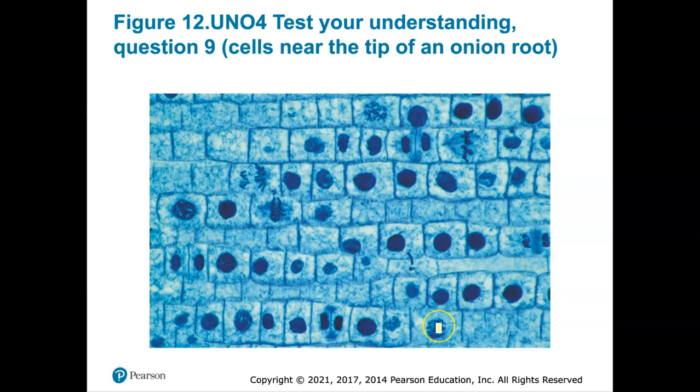That's another prophase. Here's a telophase. This one might be at the end of telophase, but I would just say that's two cells have formed here. Cytokinesis is completed here, but this one is telophase.